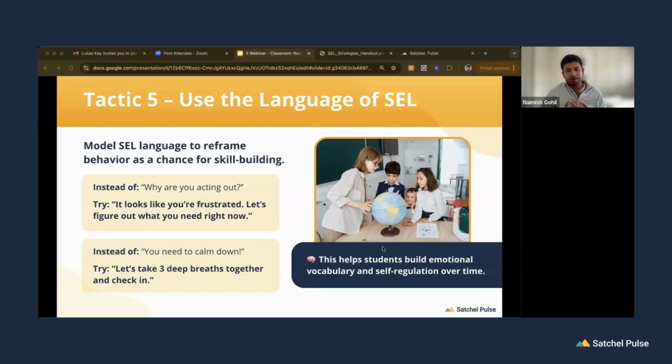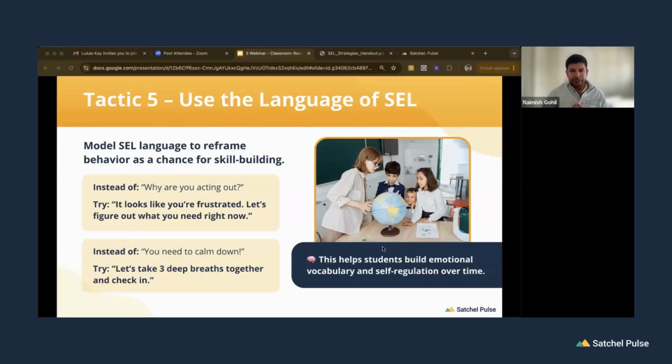Now, that second example, you can see in some environments it's not going to be possible to do that. But there are many examples like this where, as you start to reframe in your own minds that these are opportunities for students to skill build, that can make a really big difference in terms of how you approach that particular behavior scenario in your classroom.